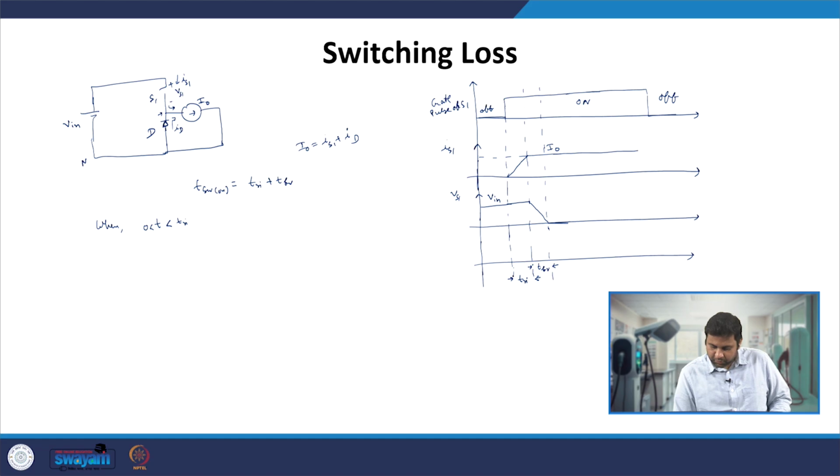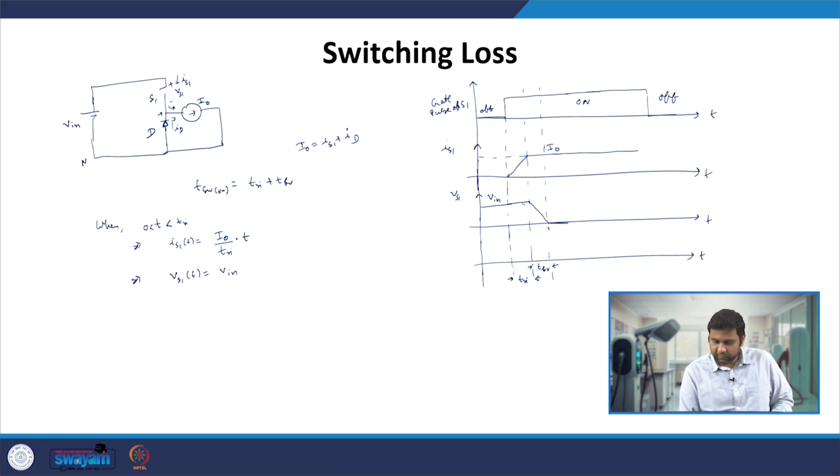If we assume this to be t equal to 0, then IS1, which is varying with time t, is a rising quantity, so we can write it as I naught divided by TRI into t.